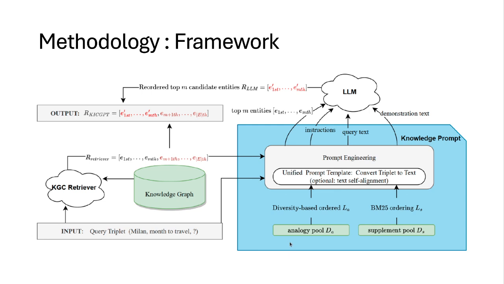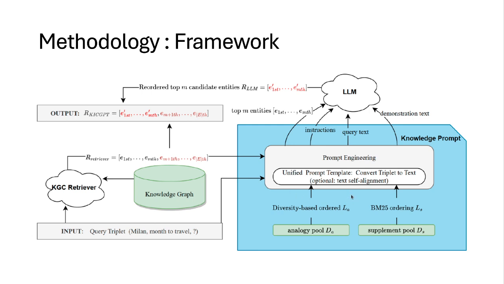Based on the query, the analogy pool adds more relation-based information to the prompt, whereas the supplement pool gives information about the head entity or tail entity present in the input query. It adds more information about that specific entity. These two pools together help the LLM predict a more accurate candidate list.